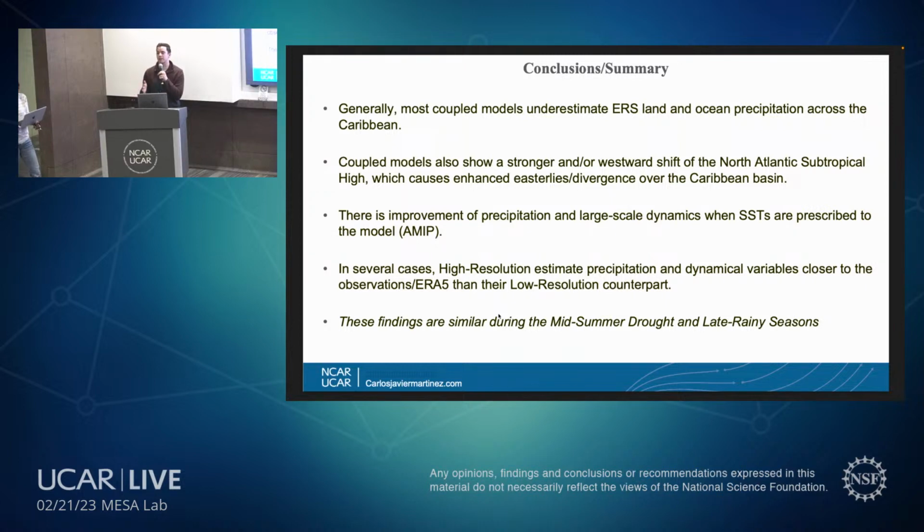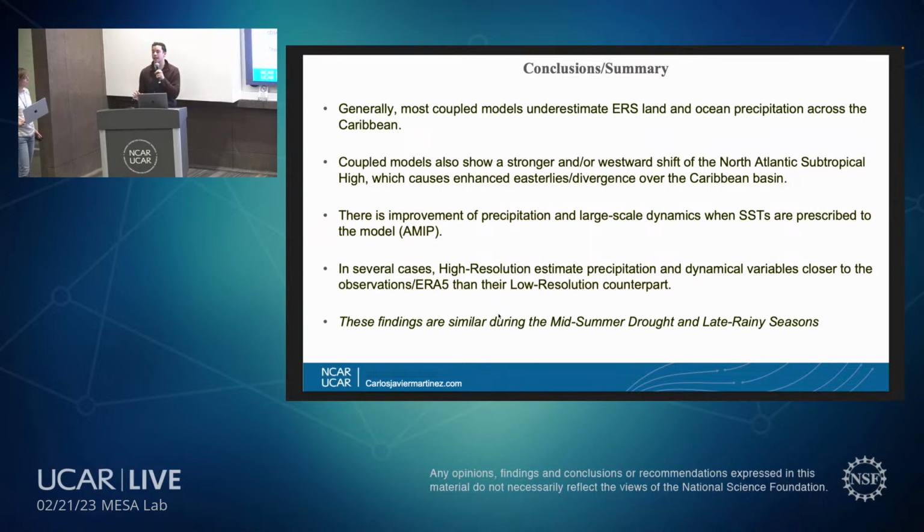Specifically in the Caribbean, because you're dealing with islands in particular, what I do see in many cases is that these high-resolution versions are able to see those localized features more, and thus you're able to characterize those precipitation totals better than what you would find in a more coarse model.